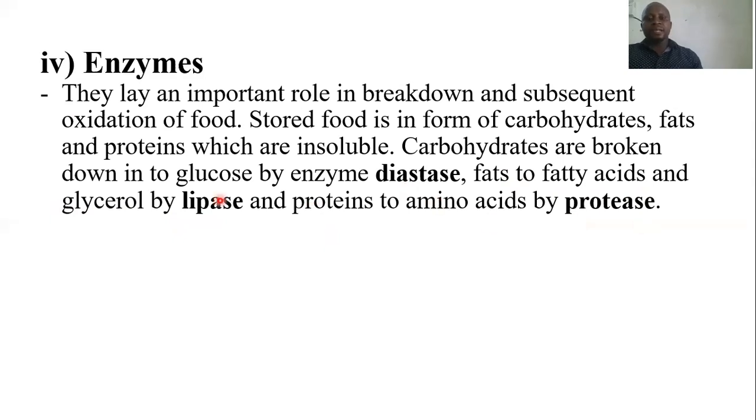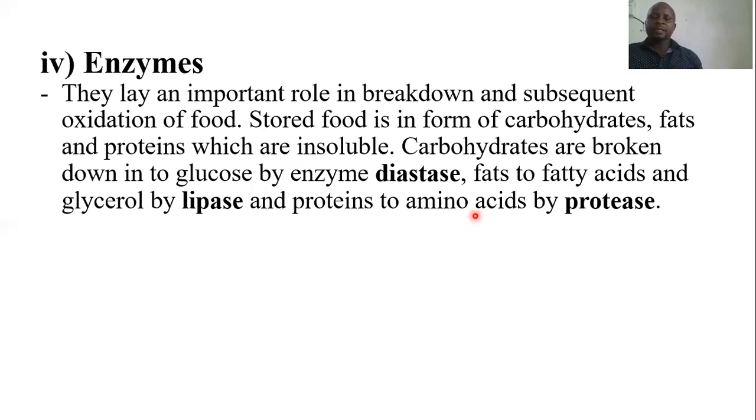These end products, that is glucose, fatty acids and glycerol, and amino acids from proteins, are usually taken to the growing regions, where some of them, like the glucose from carbohydrates, will be broken down to release energy. Some will be used in the synthesis of new cells, especially the cell membrane and cell walls. Also, the fatty acids, glycerol and amino acids will be used in the synthesis of new organelles.